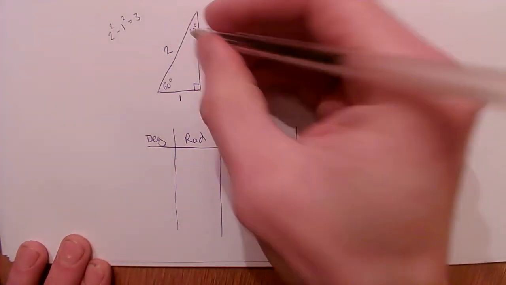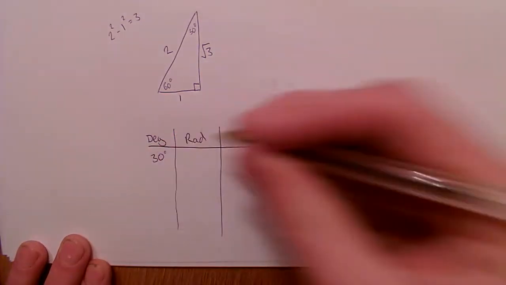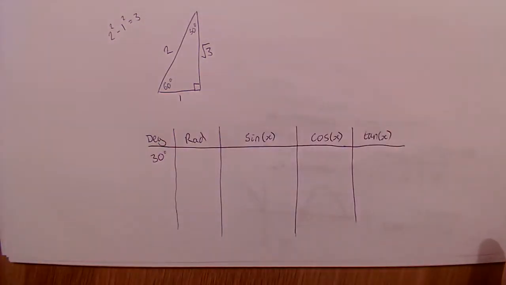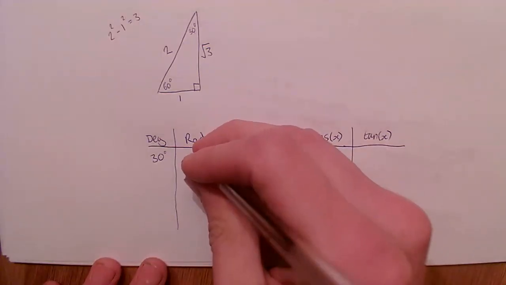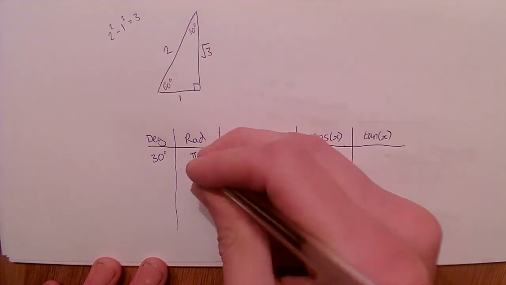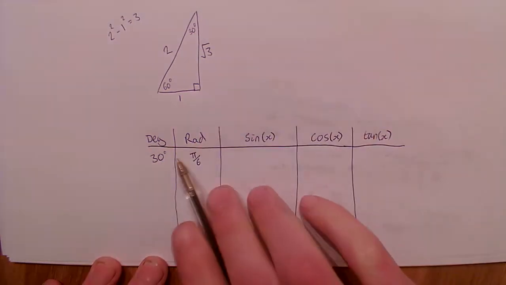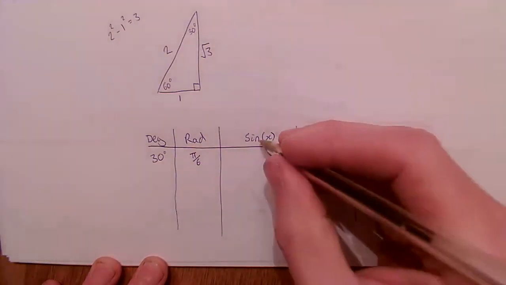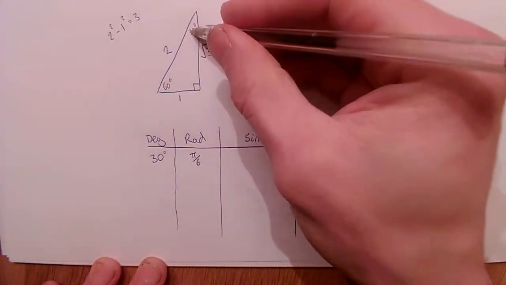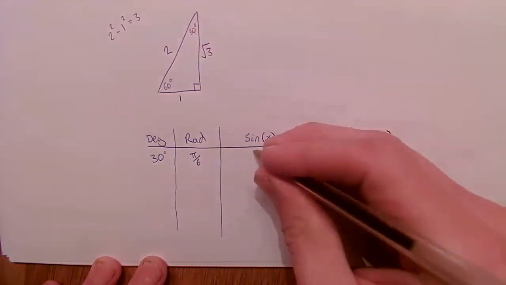So we're going to start with 30 degrees. It's handy to remember that 30 degrees is a sixth of a half turn, and a half turn is pi. So pi is 180 degrees. Divide that by 6, we get 30 degrees. So it's the same as pi on 6. Sine of 30 is opposite over hypotenuse, so that is a half.